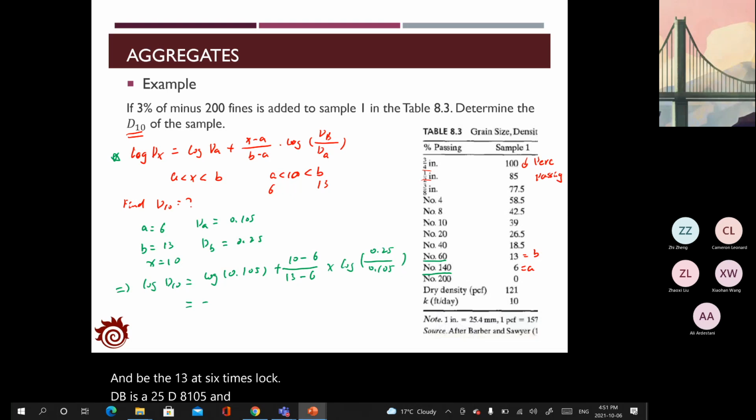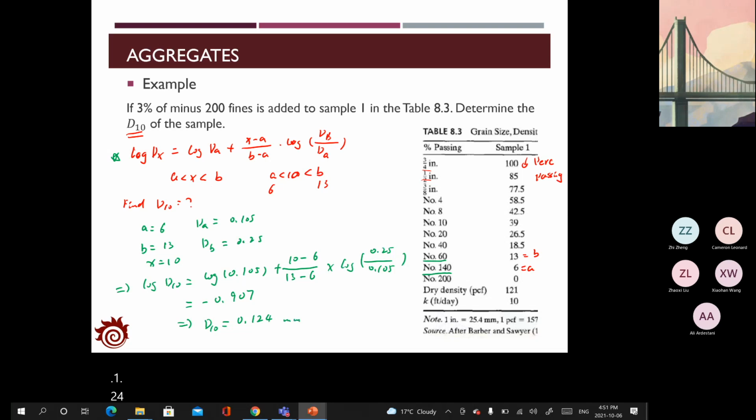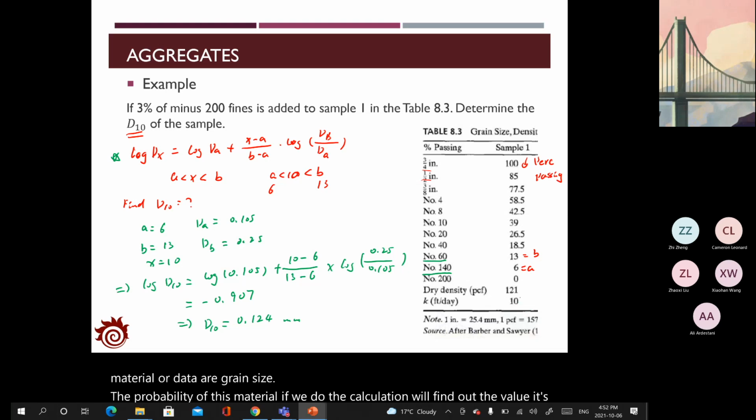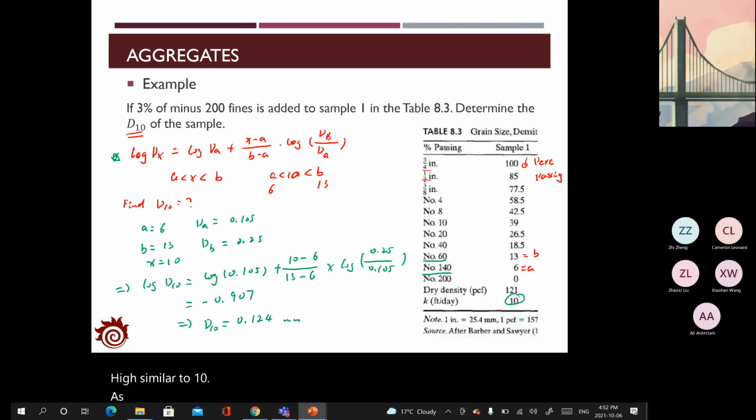With that you get the result as minus 0.907. So we can derive the value of D10 as 0.124 millimeters. And with the value of D10, you can then find the permeability of that material. If you do the calculation, you will find the value is quite similar to the 10 shown in this table.